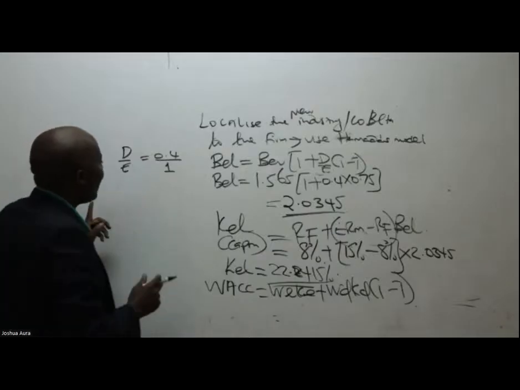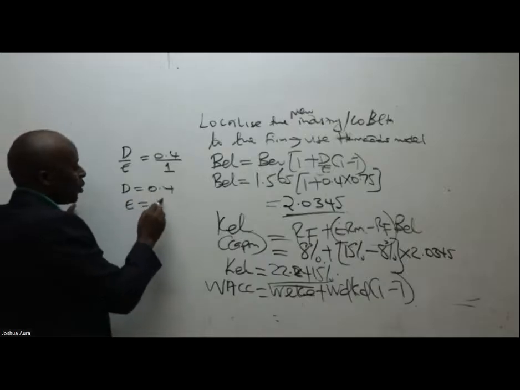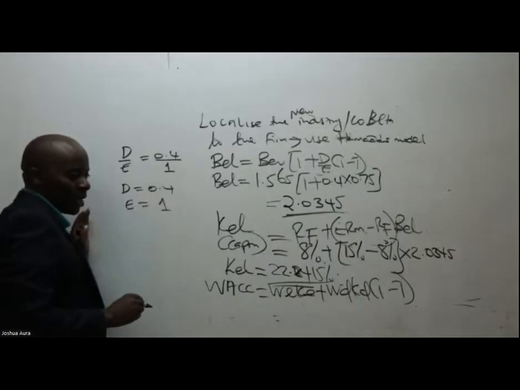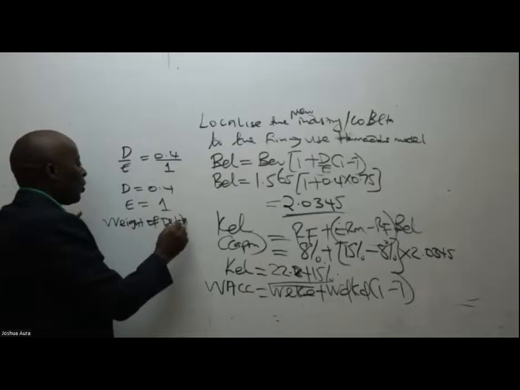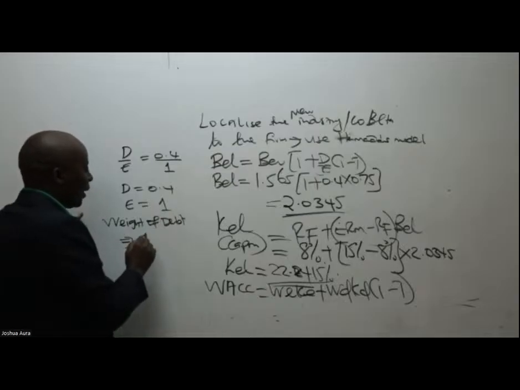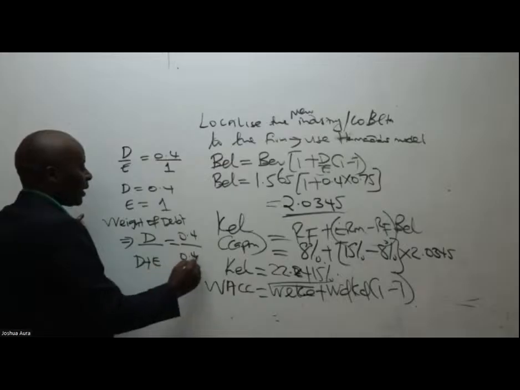So you're saying that debt, in short, is 0.4, and equity, in short, is 1. And when you want us to get the weight of debt, it will be debt over debt plus equity. Debt is 0.4 over 0.4 debt plus equity, which is 1, like that.